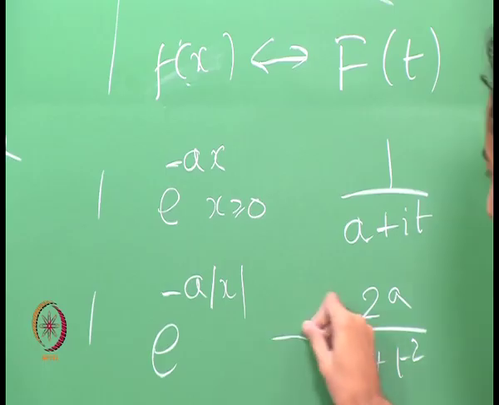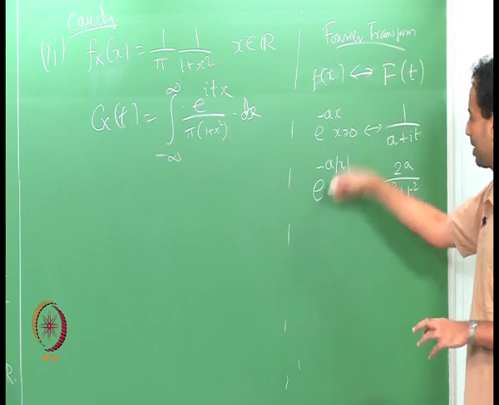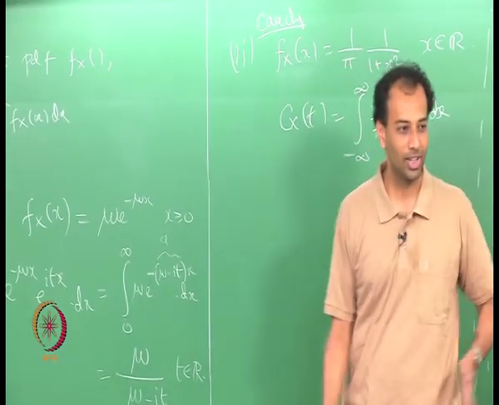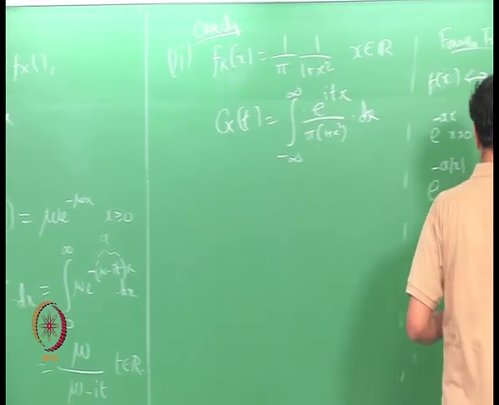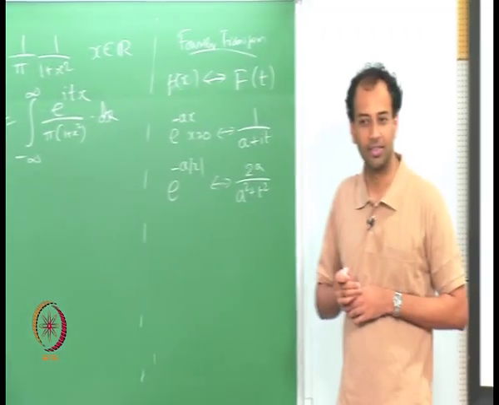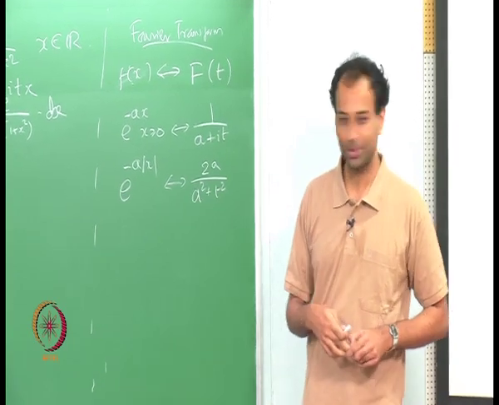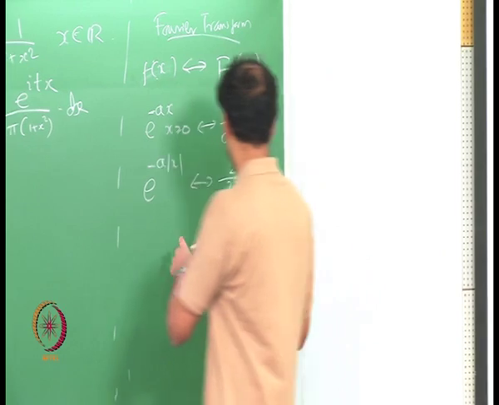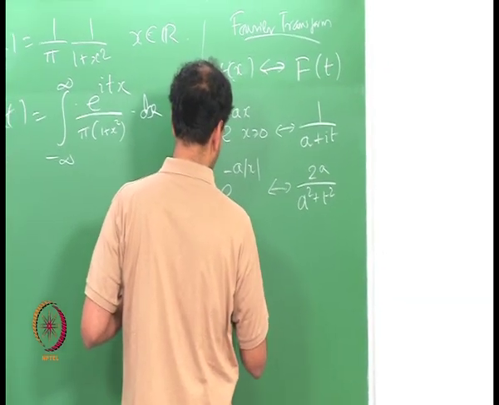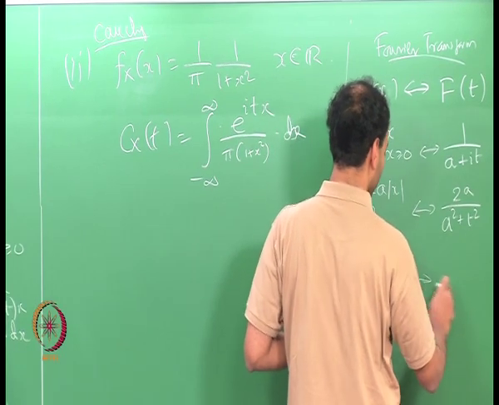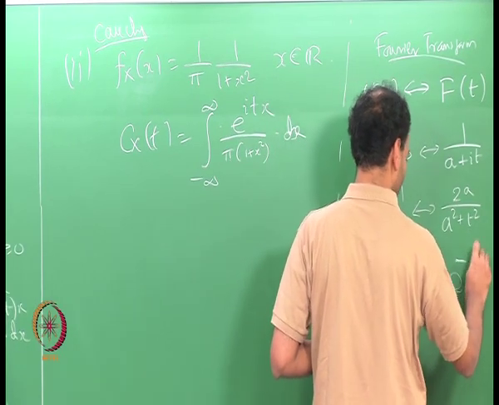This transform you compute explicitly, and in computing it you pretend that i t is a real number and add this up, and then you get this answer. Then you invoke Fourier duality to say that if you have something like 1 over 1 plus x squared here, you should have something like e power minus absolute t.